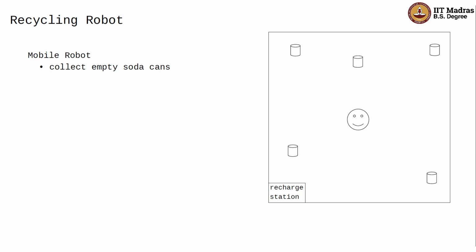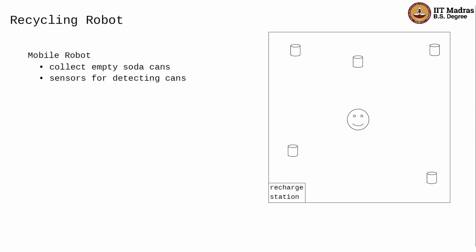Assume that this is a mobile dustbin of sorts, a bin associated with this robot where the soda cans are collected. So the simple catch here is that either the robot could explore and collect these cans, or it could wait for humans to come and deposit cans into its bin. This is the situation.